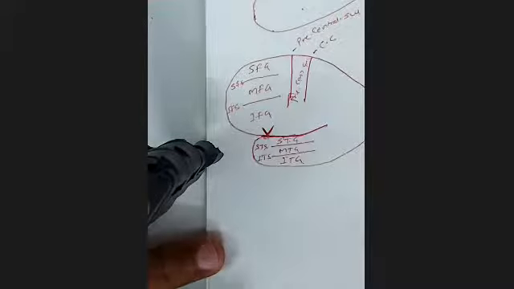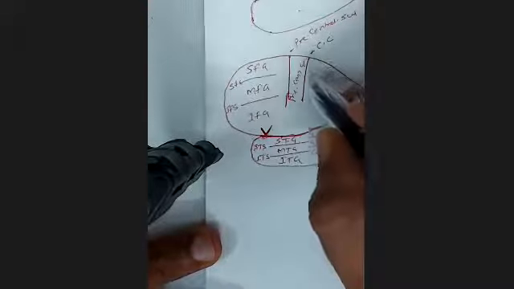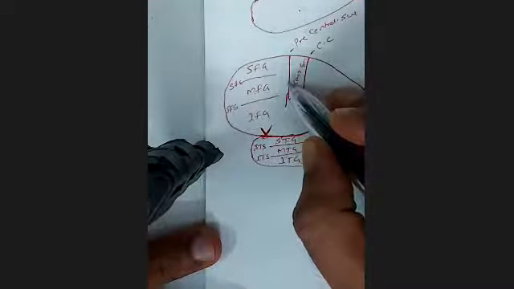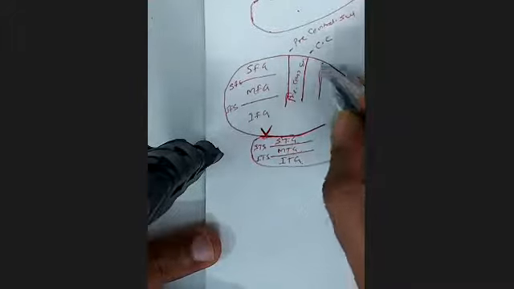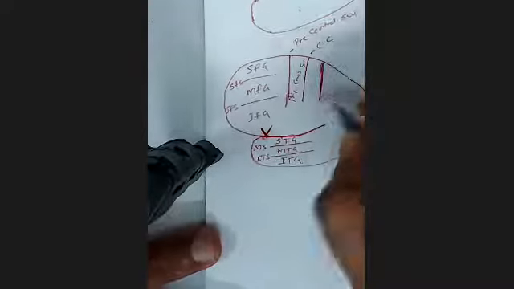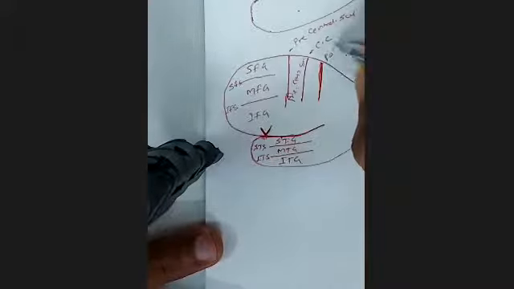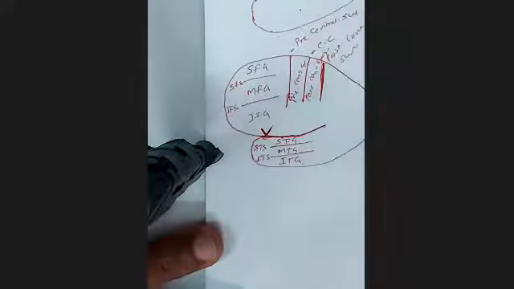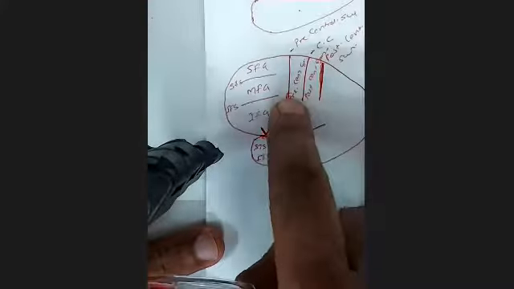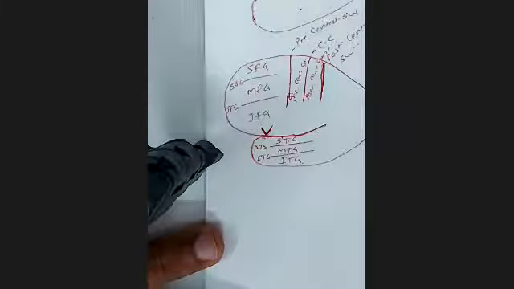Now let us talk about the parietal lobe. Like there is a precentral sulcus ahead of the central sulcus, behind it is the postcentral sulcus and the postcentral gyrus. So in the parietal lobe there is the postcentral gyrus, and in the frontal lobe there is the precentral gyrus.